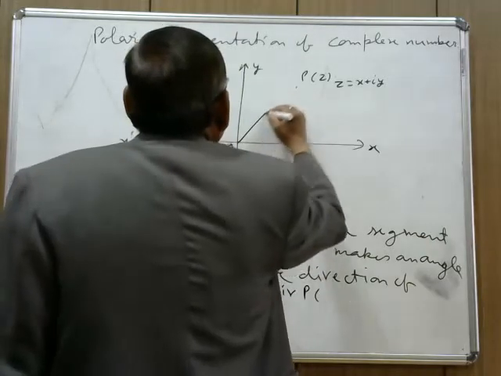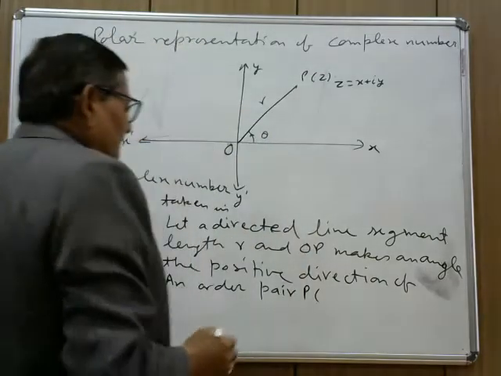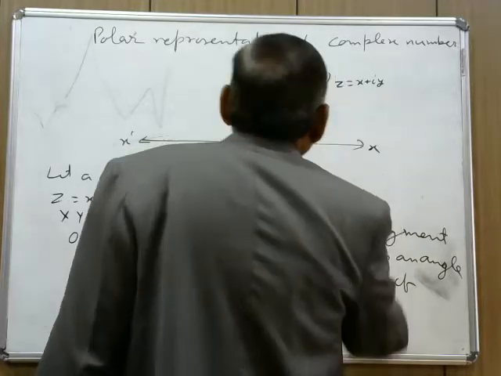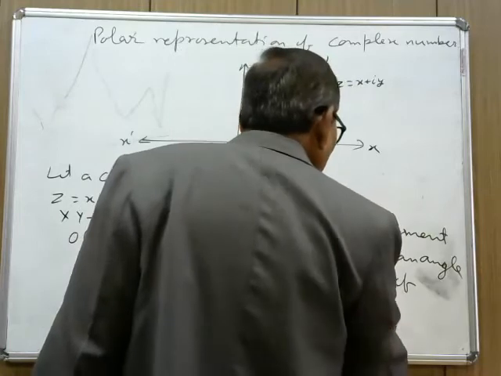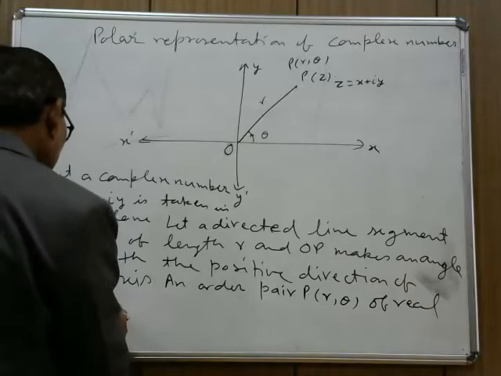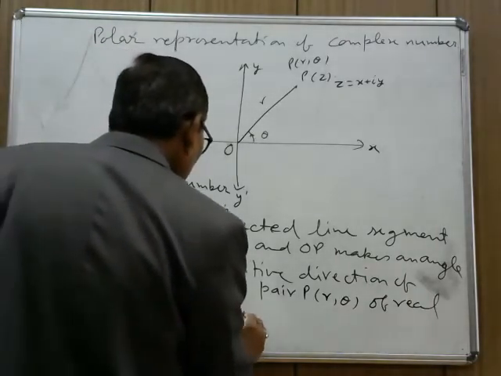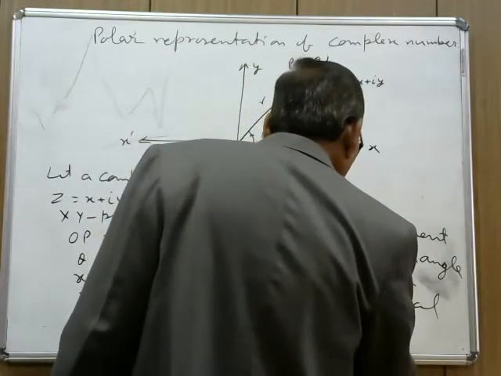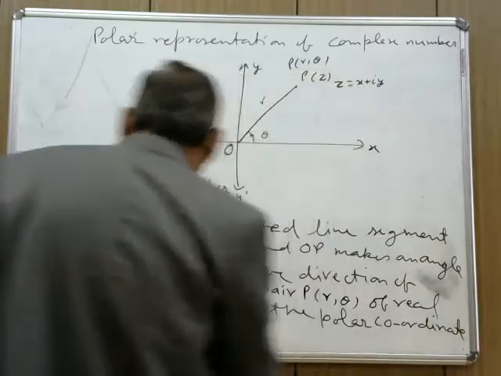You join this OP, this is r and this angle is theta, the positive direction of the x-axis. So an ordered pair P(r, theta) of real numbers is called the polar coordinate of P.